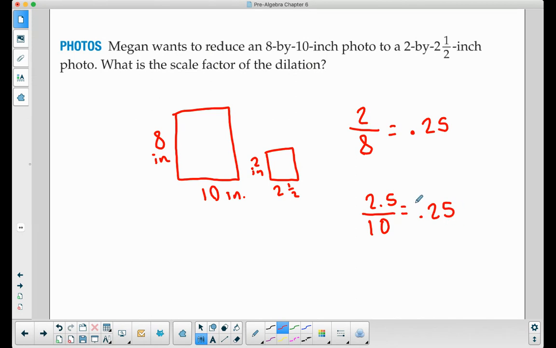So the scale factor of the dilation is 0.25, or you could say 1/4.